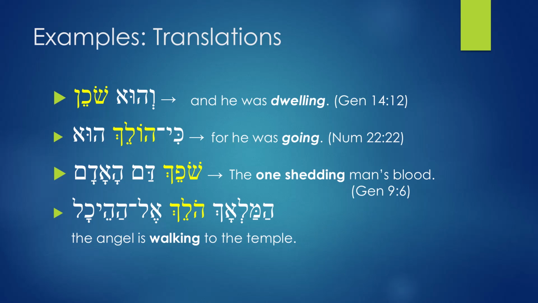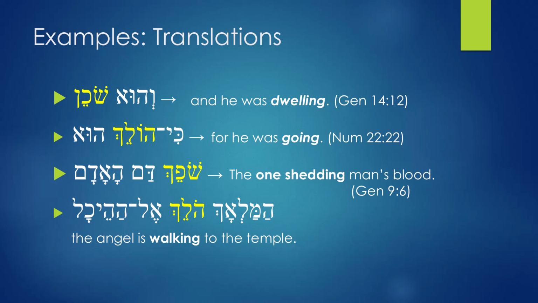Now you have a subject here, hu. Wehu means "and he." Remember, hu means he from the pronouns. So you have "and he," shochen. Shochen means dwelling. It comes from the verb shakan, which means he dwelt. So when it becomes a participle, it becomes dwelling. The translation is: and he was dwelling.